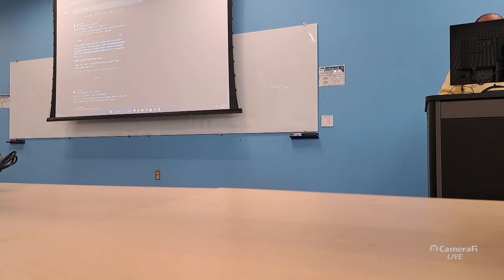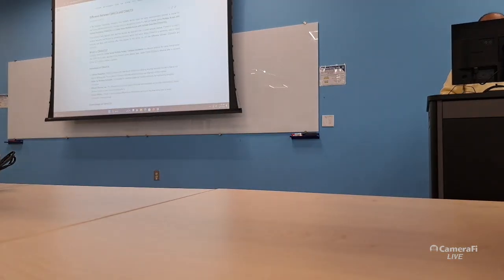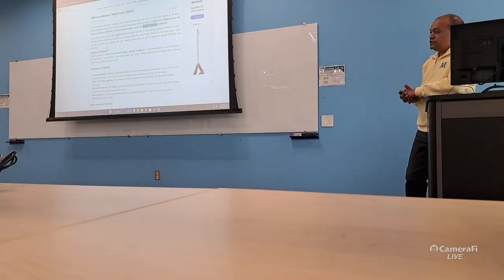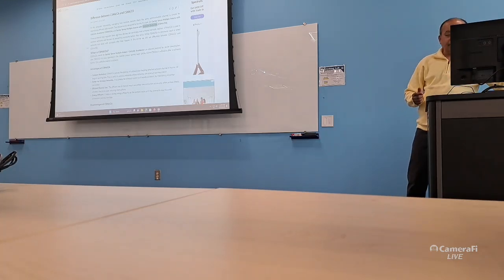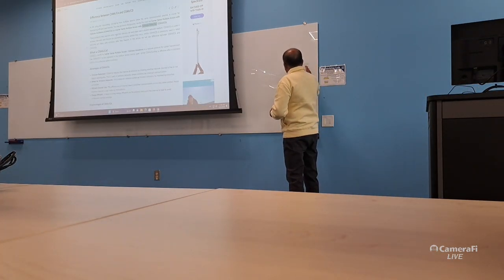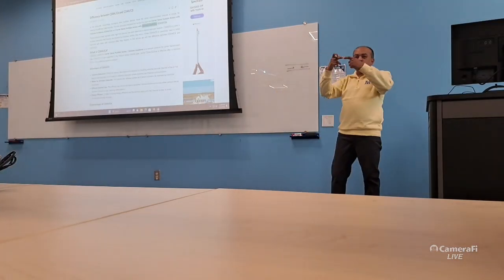So there is a difference between them: collision avoidance and collision detection. Carrier sense multiple access with collision avoidance and collision detection. These are two different communication technologies, because these days we are using the same channel for both ways of communication, two-way communication.